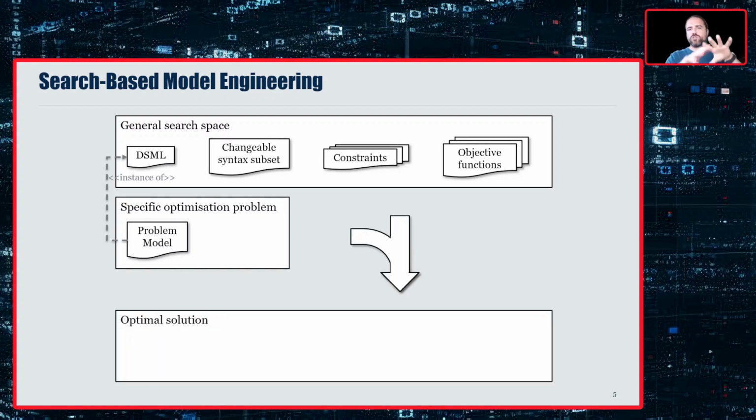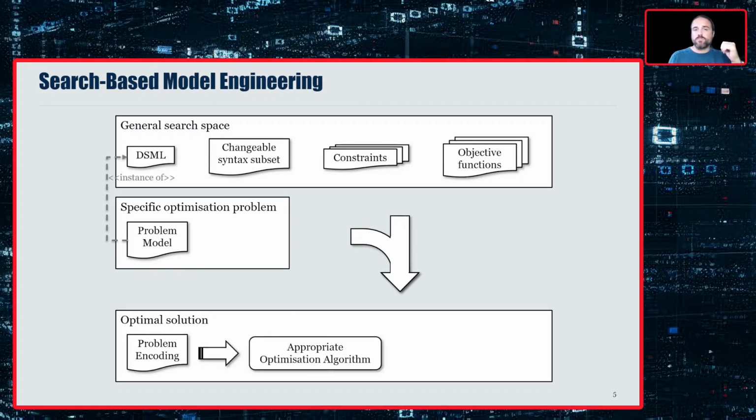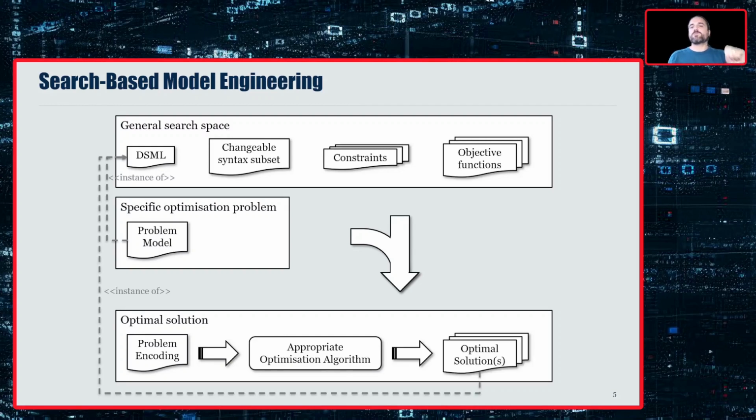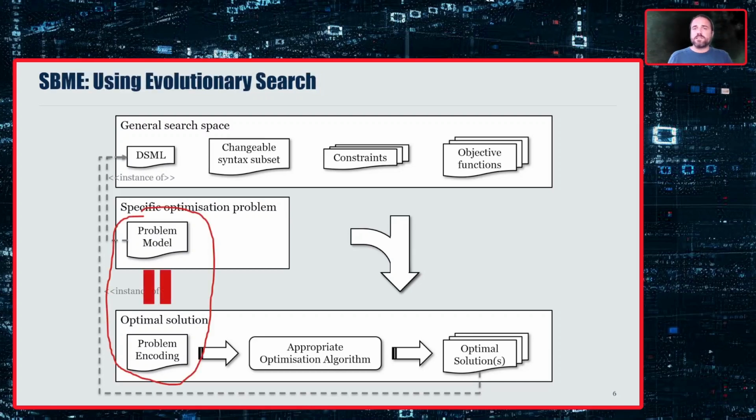Our tooling then uses all of these elements and produces one or more optimal solutions. To do so, we may choose an optimal problem encoding and an appropriate optimization algorithm to finally produce a set of optimal solutions that are, again, expressed in the original DSML. In fact, in MDEOptimiser, we use models directly as the problem encoding and apply evolutionary search.